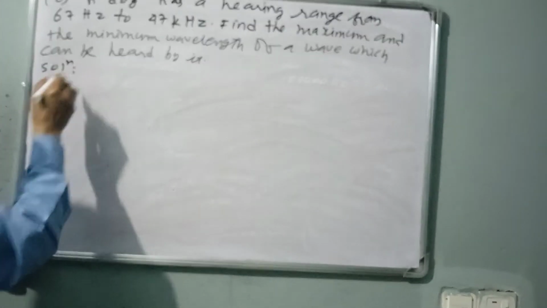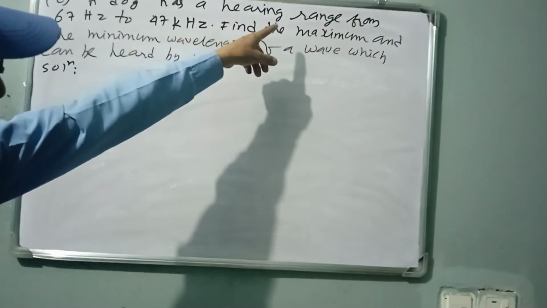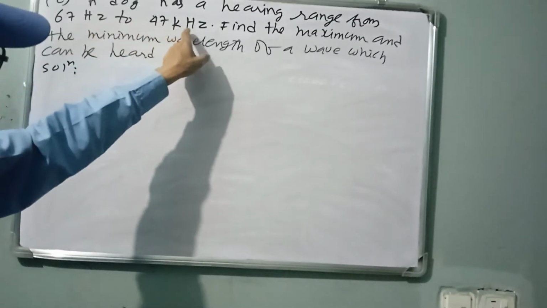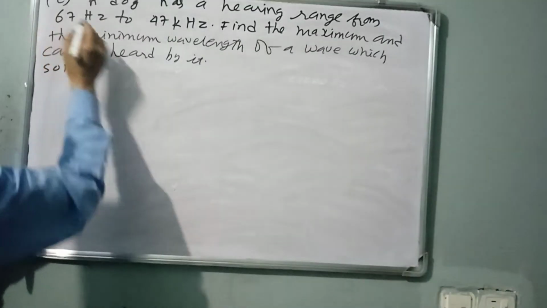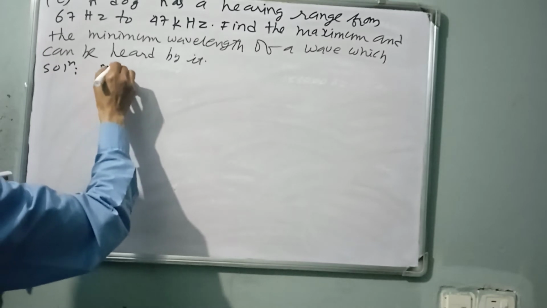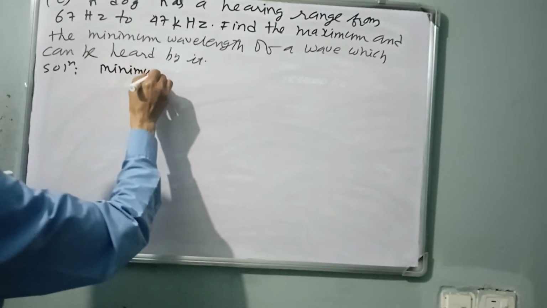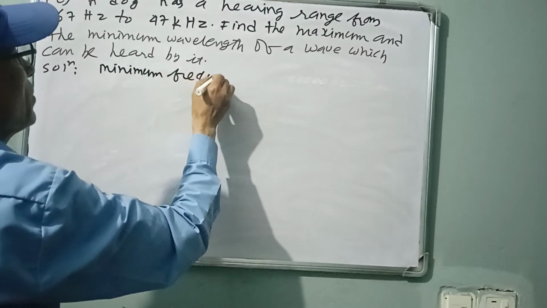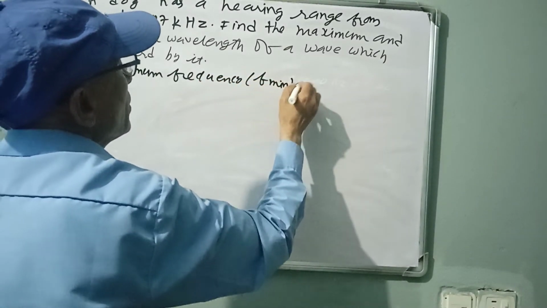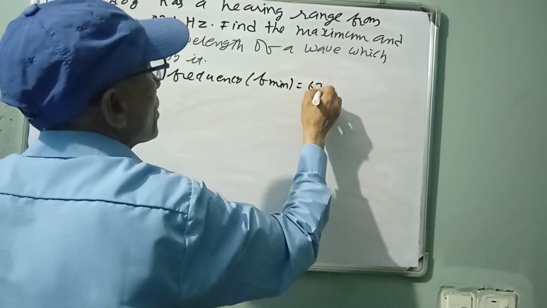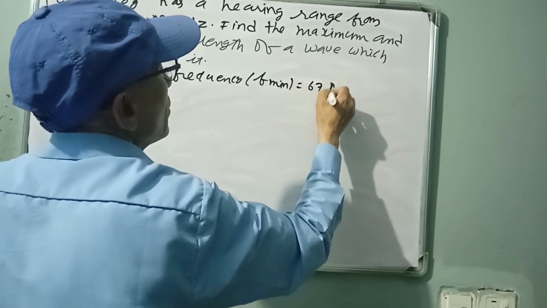Use calculator. Solution. A dog has a hearing range from minimum 67 Hz to maximum 47 kilohertz, not Hz. See, what is this? Minimum frequency f min is 67 Hz.